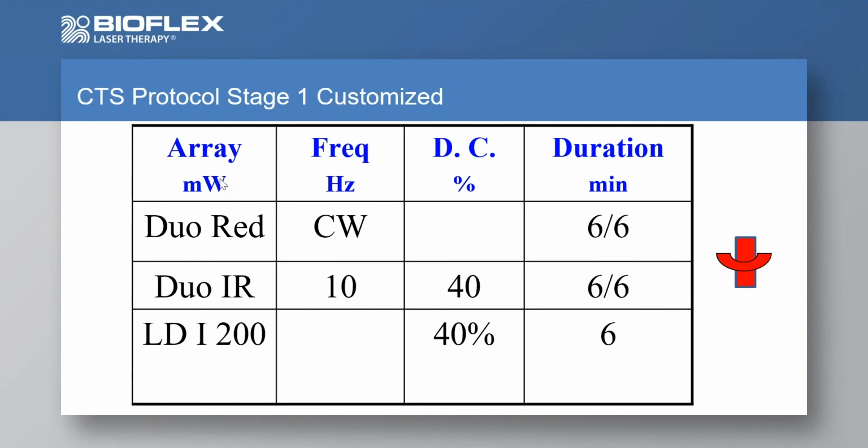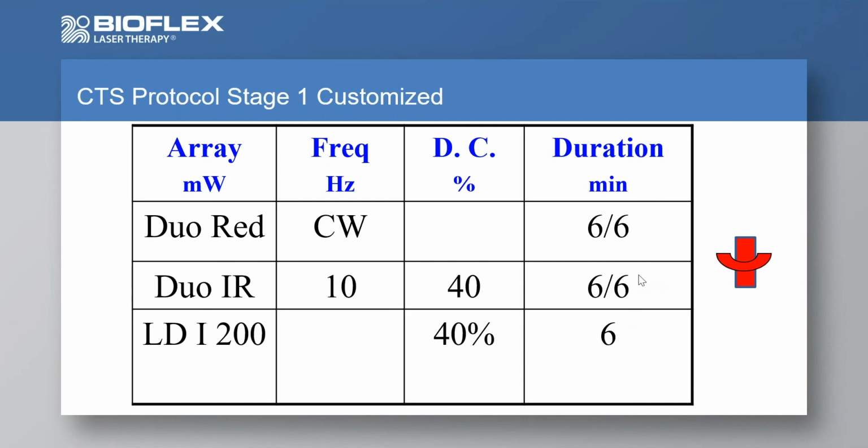So what we found to be quite effective is we split up into 2 placements, and we do 6 minutes of red. You can see here on the far right, which is sort of parallel to the wrist, and then we'll also wrap one around the wrist itself, and then we'll also do the infrared, the same kind of placements at 10 hertz, 40% duty cycle, same time frame, 6 minutes and 6 minutes.